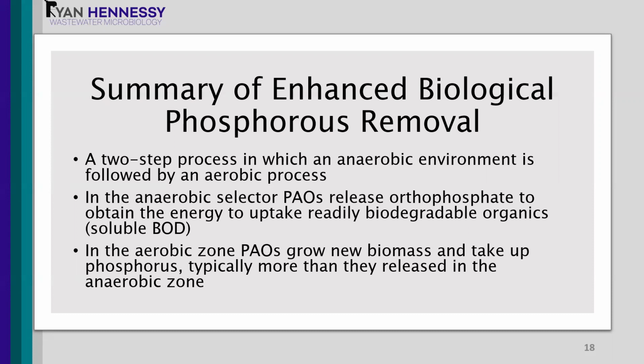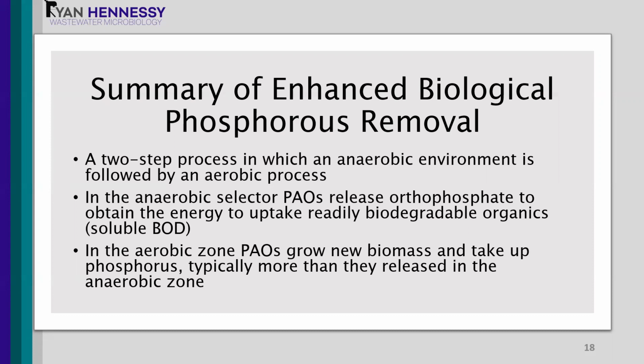And then in the aerobic zone, the PAOs are going to grow new biomass. They're going to oxidize the food that they had stored as PHA, is what they convert the BOD to. And then they're going to replenish the amount of phosphorus that they used.